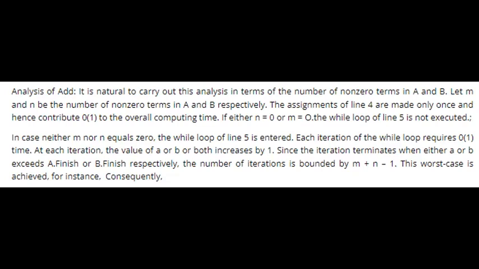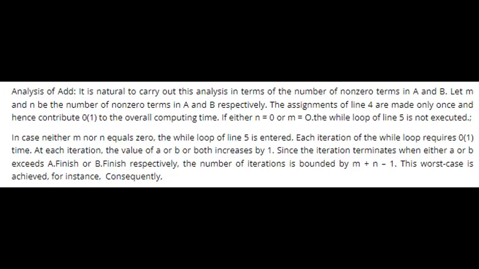So each iteration of the while loop will require O(1) time, and at each iteration the value of a or b or both increases by 1, since the iteration terminates when either a or b exceeds a.finish or b.finish respectively.